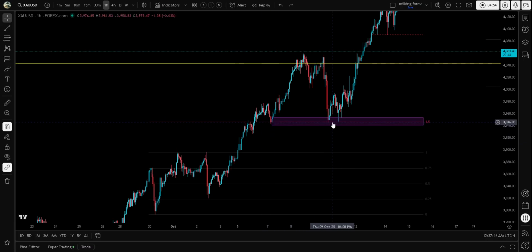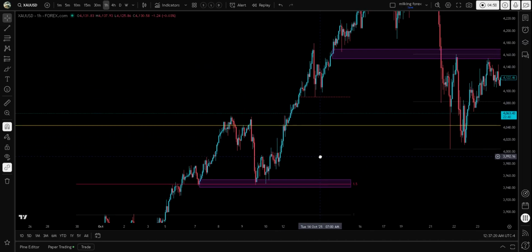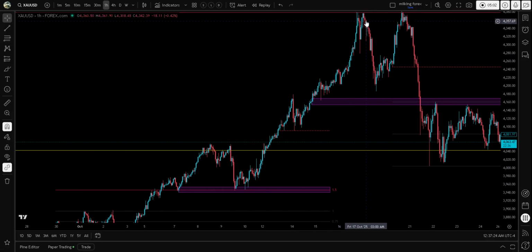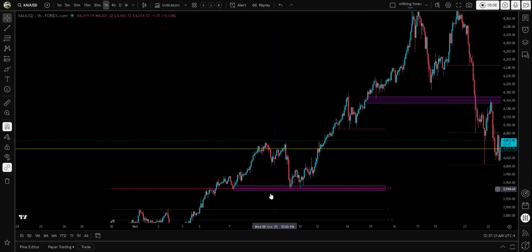This was a perfect momentum position that could have given us big profits out of here. But eventually it's really difficult to catch this move and hold this move, especially when you are trading gold.